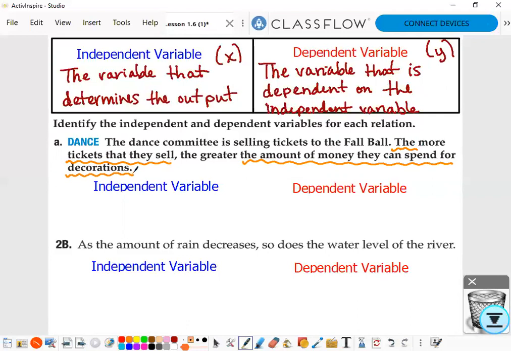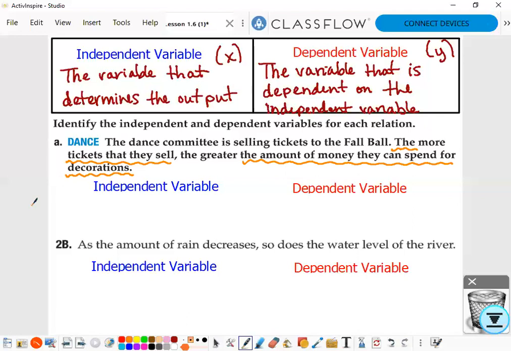Now let's figure out which one's which. So again, in order to do this, I think about which one would happen first. Let's first consider maybe they sell the tickets first. So they say, let's sell tickets, see how much money we get, see how many people want to come, and then we can spend some money on the decorations because we'll have all that money to spend. All right, so that's one possibility.